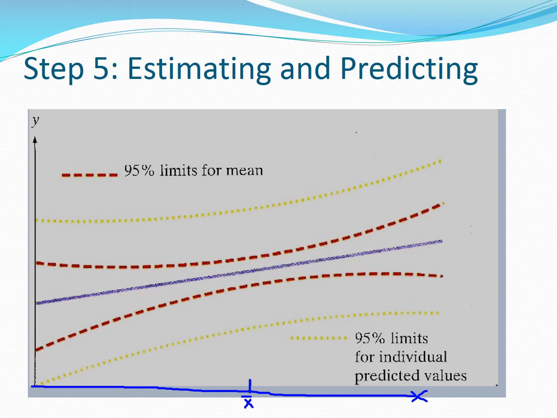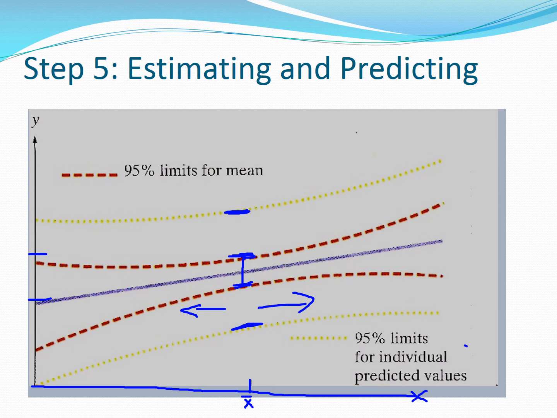The confidence intervals for E of Y are this red dashed line here, and the intervals are narrow. So you're going to see the endpoints. You're going to see those two values show up on the printout. As you move away from x bar in either direction, the intervals get wider. The yellow, what appears to be yellow on my screen at least, dotted lines represent the prediction intervals.